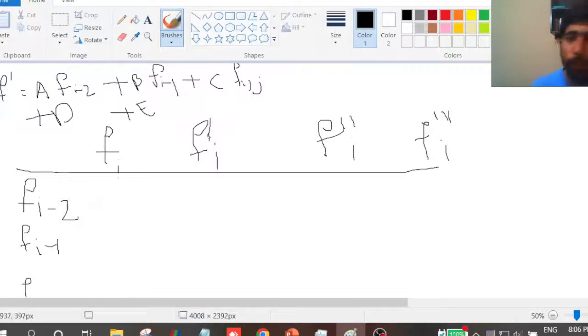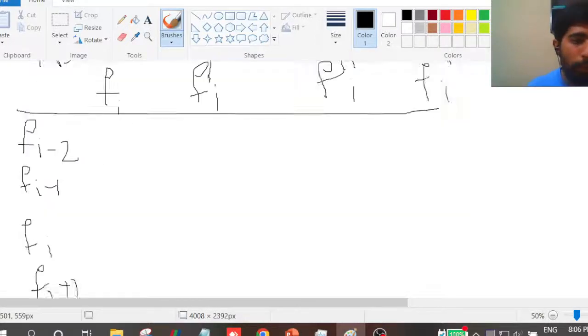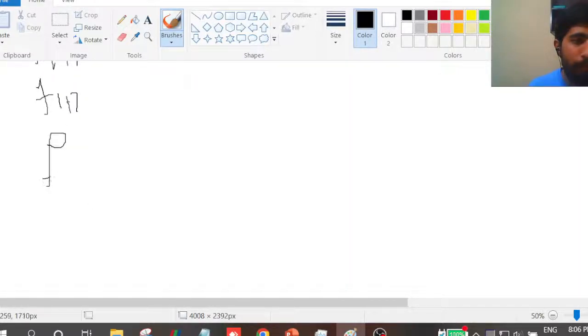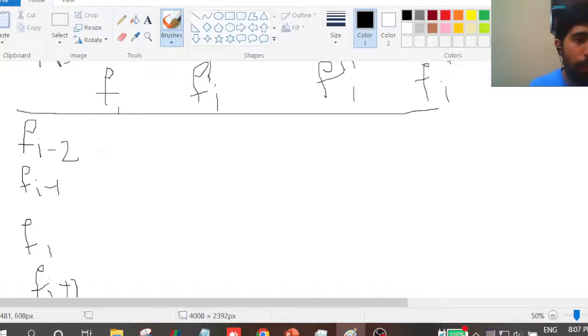Since the number of unknowns is equal to the number of columns, you also need f dash also. So this you can write in terms of Taylor series expansion.